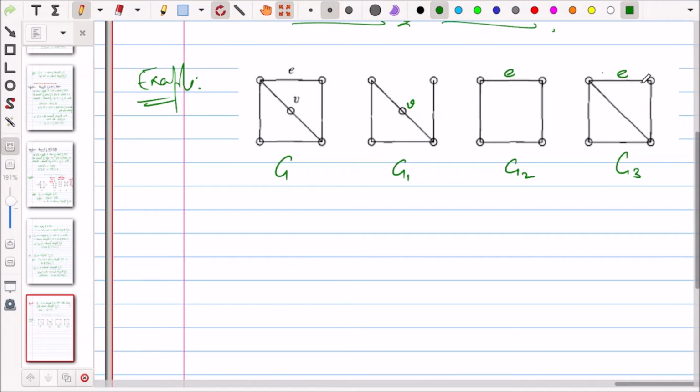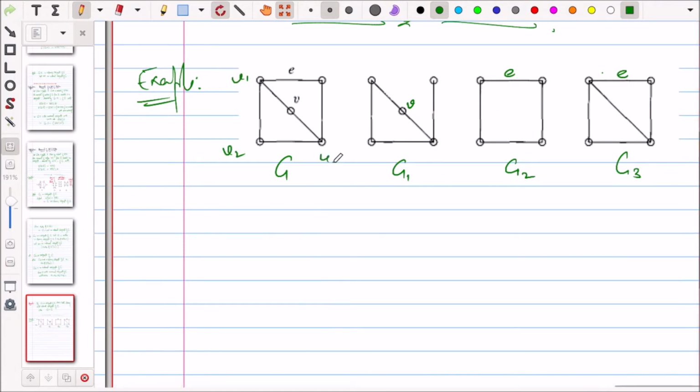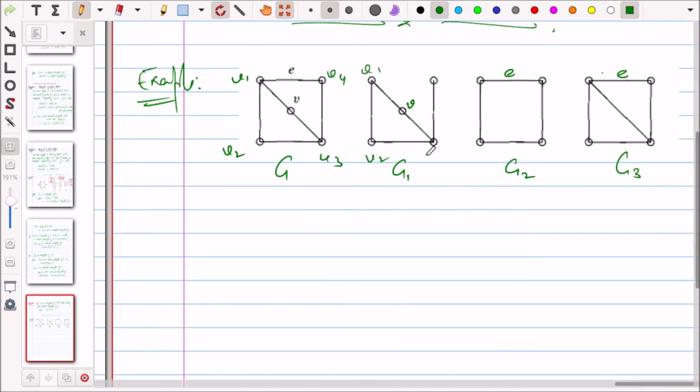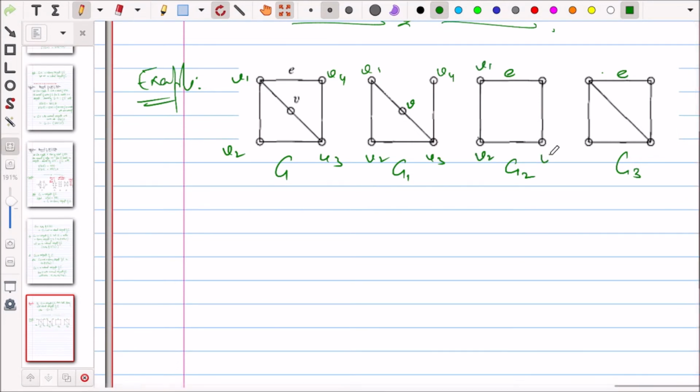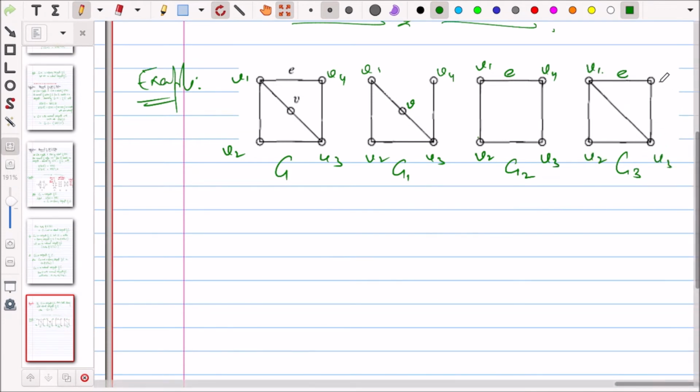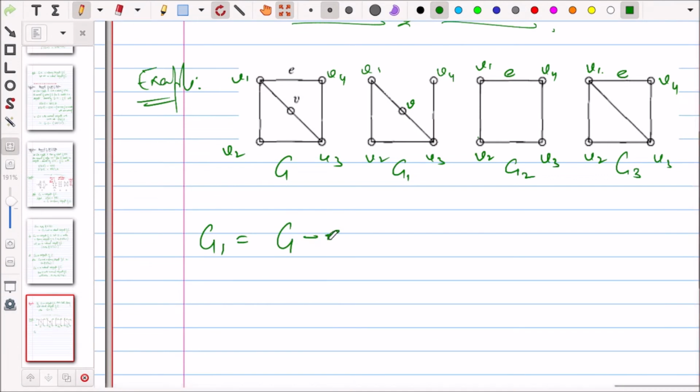Is G1 a subgraph of G? Yes, sir. G1 is a subgraph of G. What kind of subgraph is this? Removing an edge, V1 V4. So G1 is equal to G minus E, right?